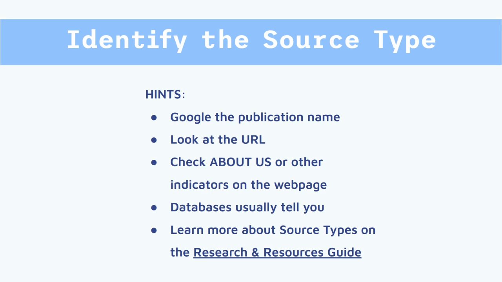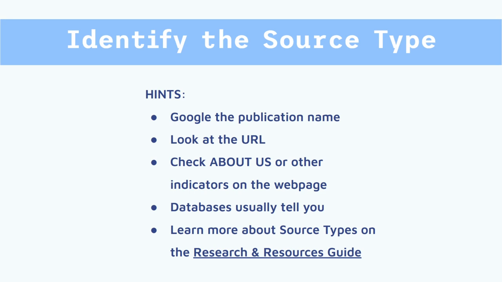Or it may say something like issues. And if I see the word issues, in my head, I'm thinking, oh, perhaps this means it's a magazine or a journal because those tend to have issues. You can also look at the About Us for perhaps some information. They may say, oh, we are the website for the magazine publication or something like that.